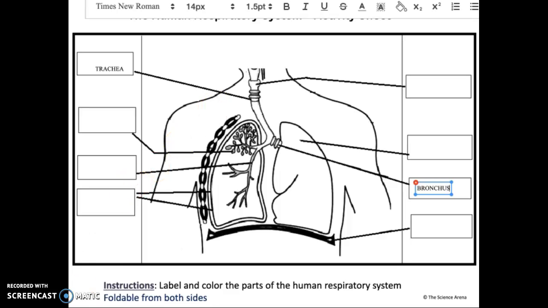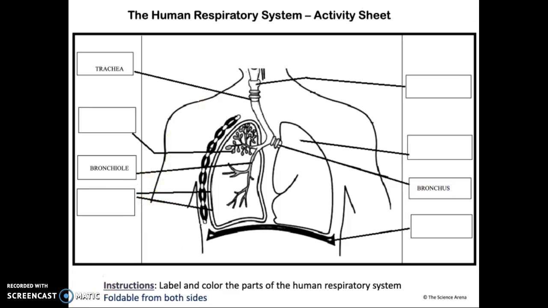The next organ that we are going to look at is called the alveoli. Now, alveoli, as you can see here, are these tiny little sacs that come after the branching of the bronchi or the bronchus. These are like little grapes. It looks like a bunch of grapes here, and oxygen is exchanged for carbon dioxide in the alveoli.